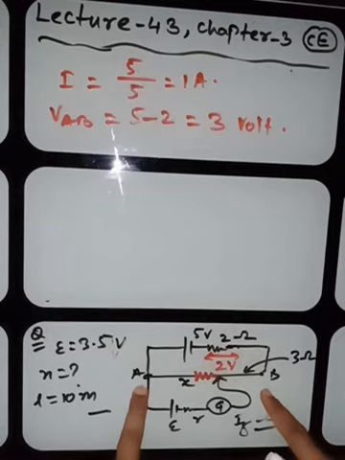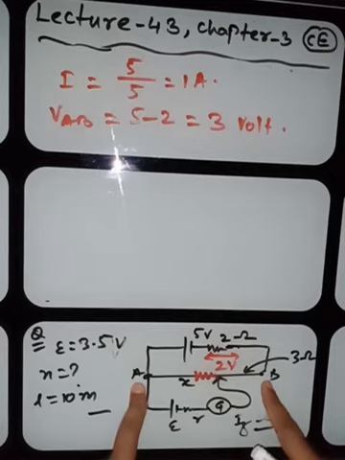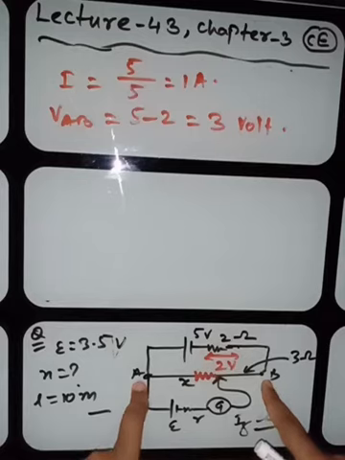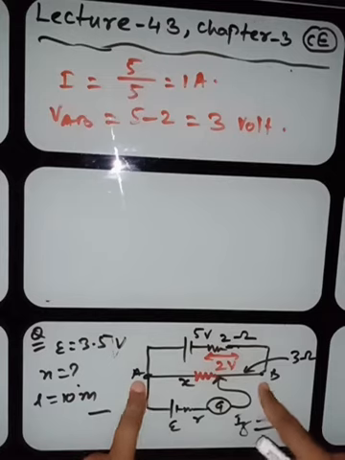Now over the 10 meter wire, what do we have? Over the 10 meter we can measure 3 volt, not more than that. We can measure below 3 volt, but the maximum we can measure is 3 volt. But we have a cell of 3.5 volt.